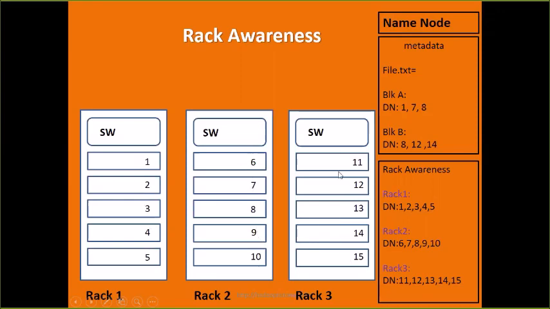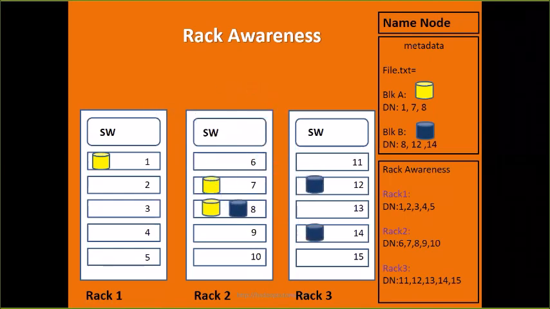Block A got copied with one copy into rack 1, present in DN1, and at max 2 copies in any rack. It could have stored one copy in rack 2 and the third copy into rack 3 as well. That is also possible. And block B copied one copy into rack 2 and 2 copies into this.